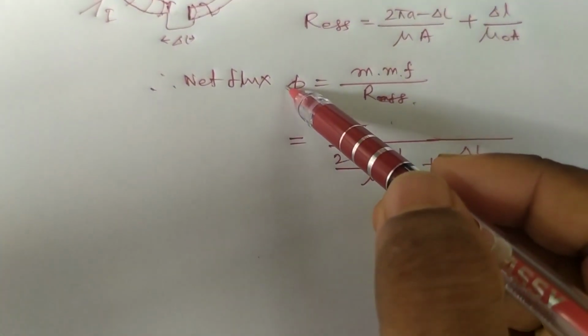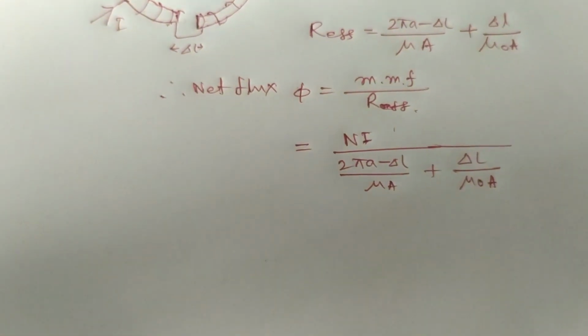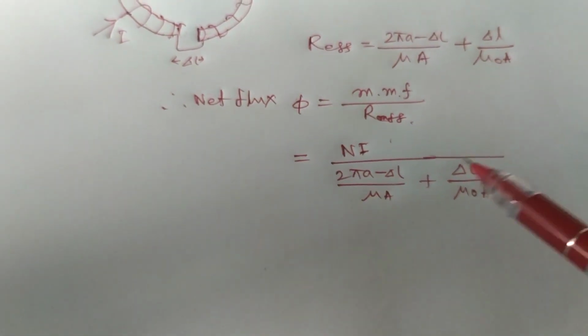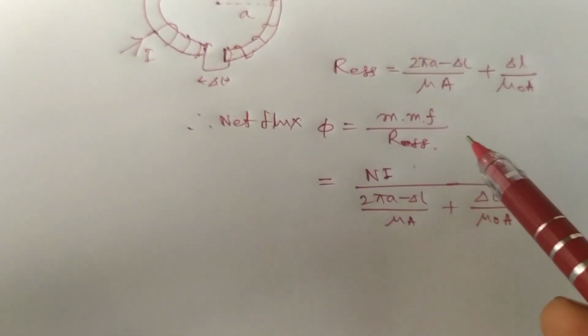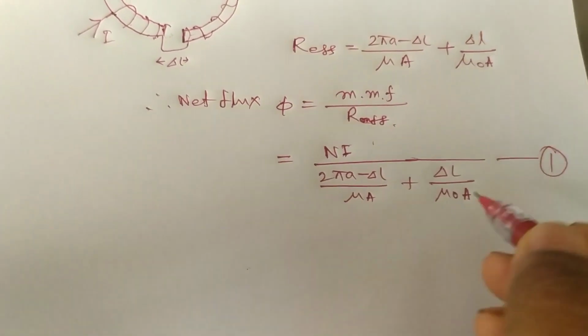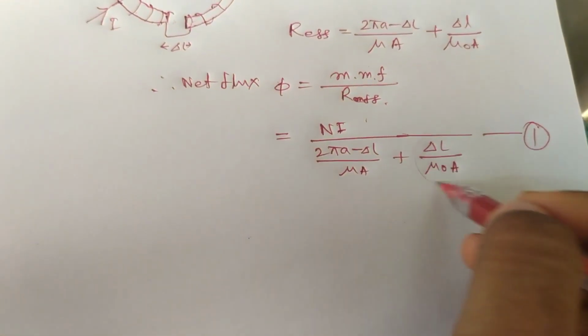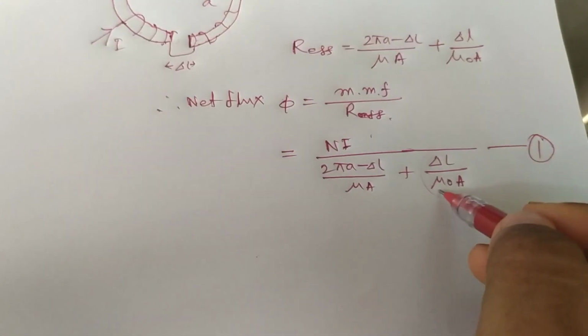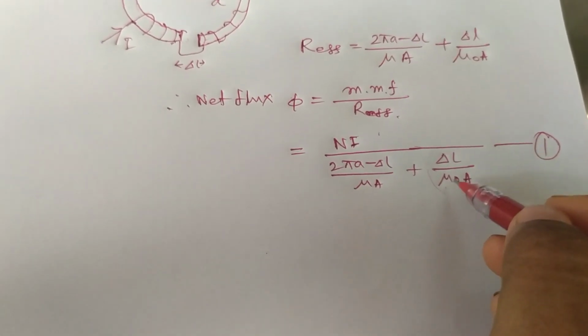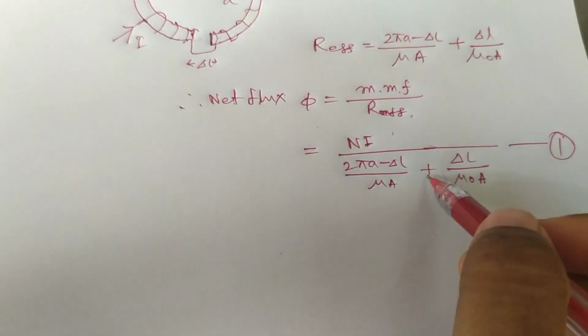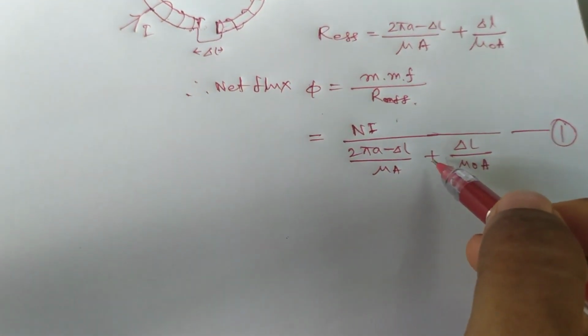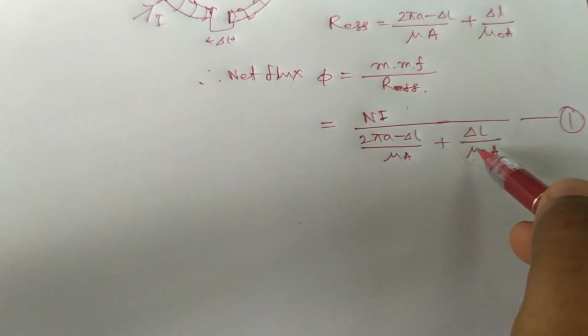Our primary target is increasing the value of phi. From this relation we have seen that, due to the presence of this term and mu 0 being very much less than mu, the value of phi will increase. So this is our benefit, this is the achievement.